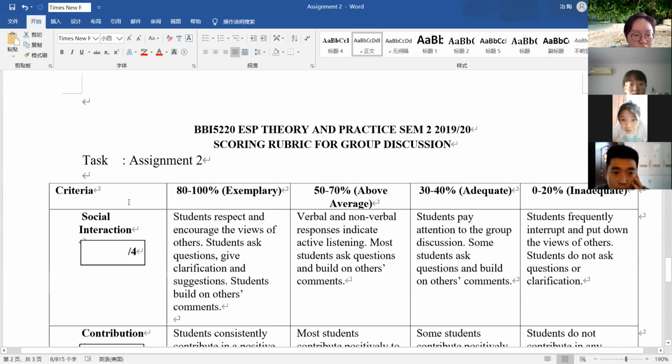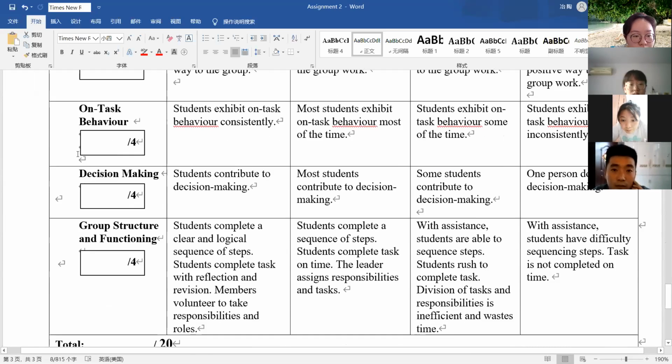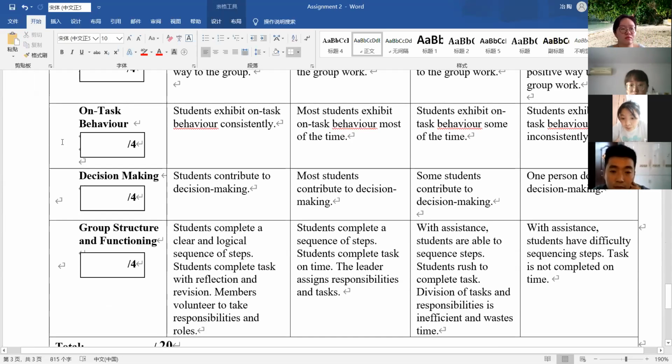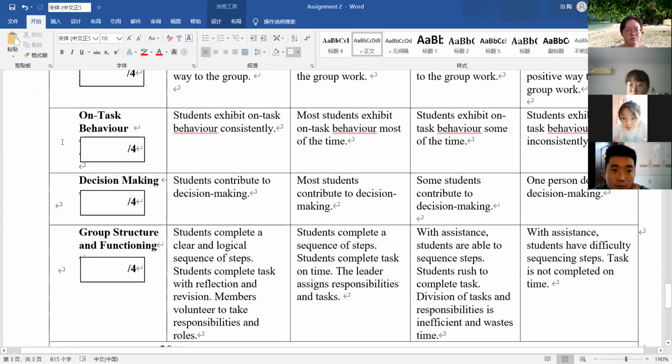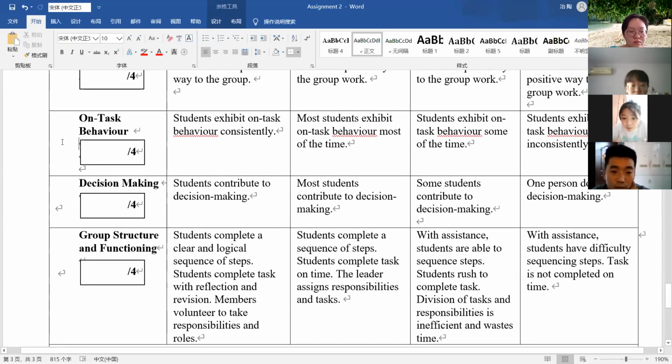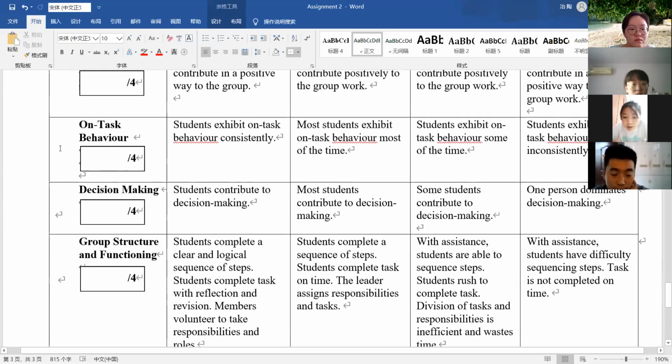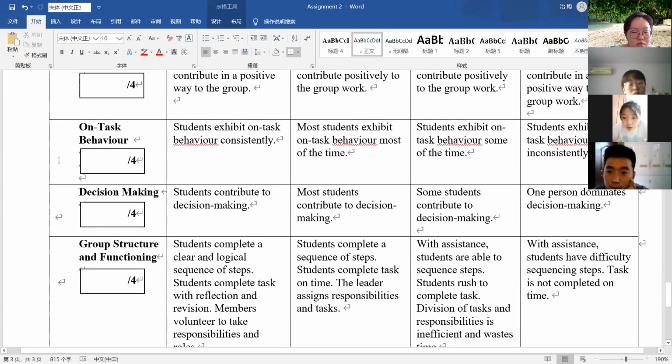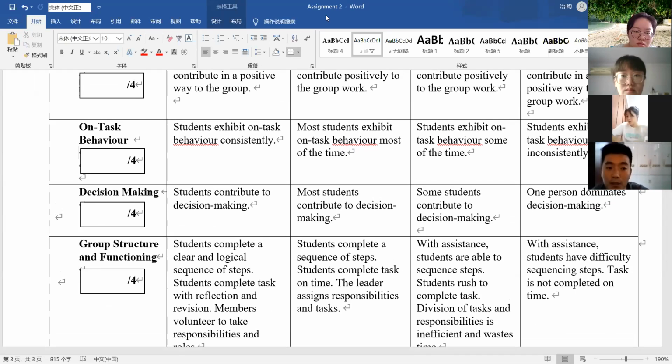Yeah, next week we can sort out our materials and complete the written assignment. Yes, and we can share our drafts in the WhatsApp group, and we can make some suggestions on this. Yes, I think so.